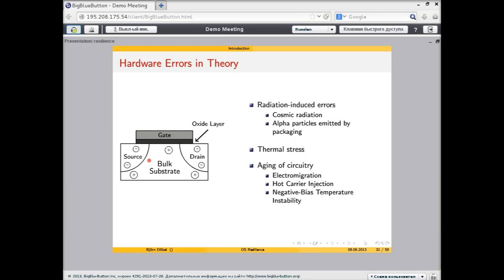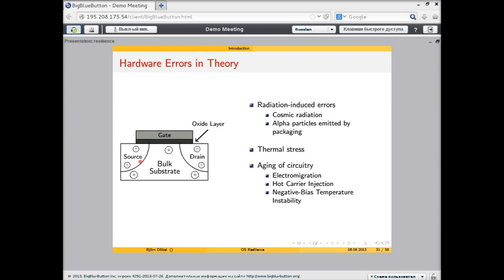Another effect that may happen is when you have your transistor, then what you usually want is that current flows from source to drain. However, the conducting particles usually do not only pass on a straight way between source and drain, but some of them will end up being pushed into the oxide layer that separates the bulk from the gate.